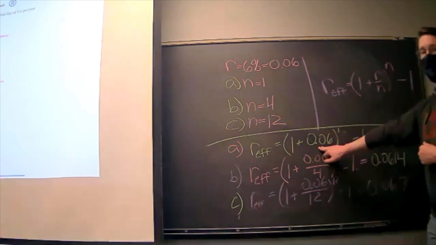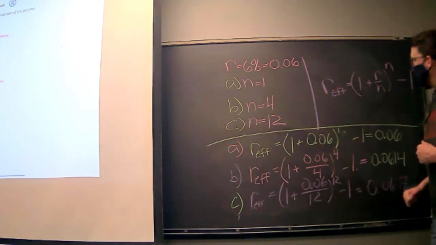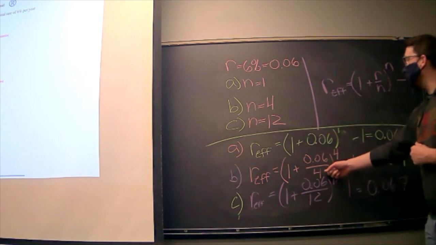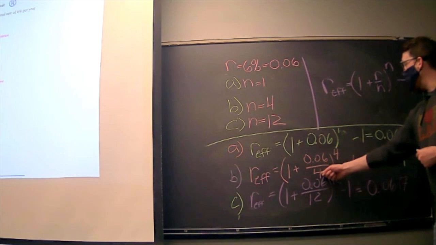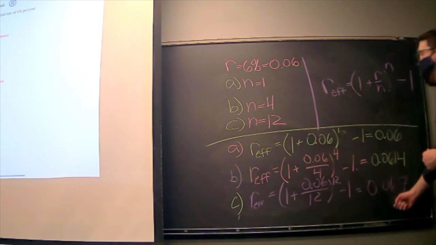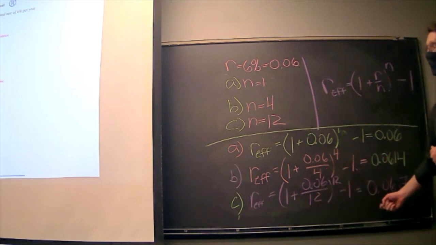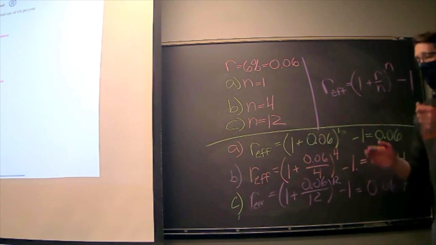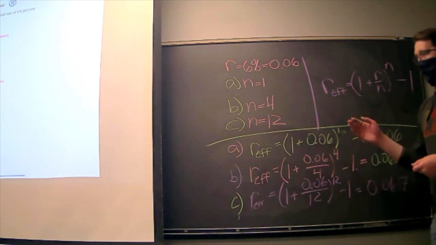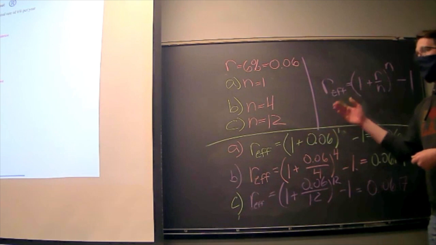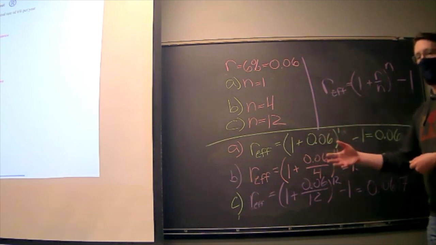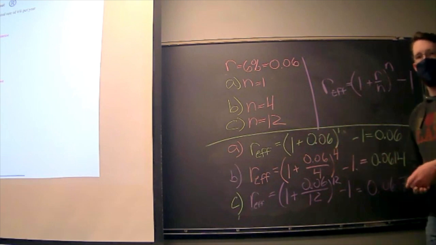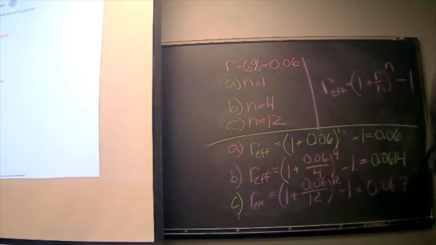Make sense? It also makes sense that your effective rate when you're compounding quarterly or monthly is higher. All we're talking about is comparing this year to next year, what percentage more will I owe or will I have, depending upon how this interest rate is being applied.